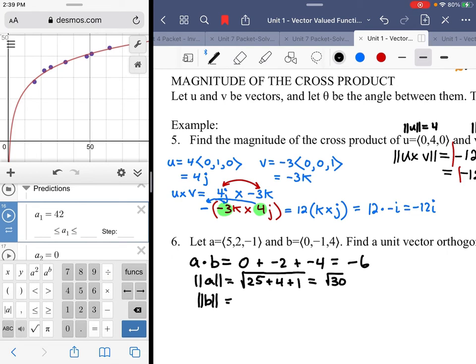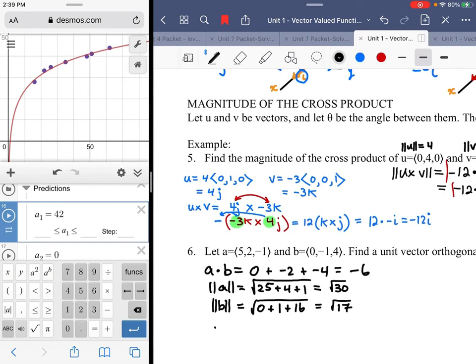Magnitude of B, 0 plus 1 plus 16, rooted, root 17. So cosine of theta, I'll skip that step. Theta is equal to the inverse cosine. Instead of saying cosine of theta is equal to the dot product over the magnitudes multiplied, we'll just jump right to the inverse cosine.